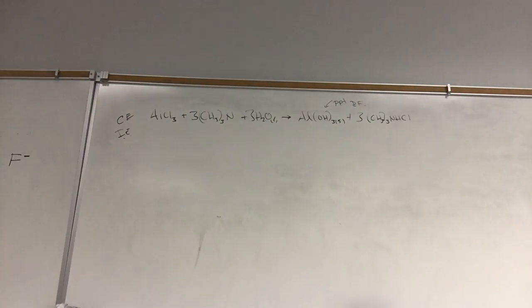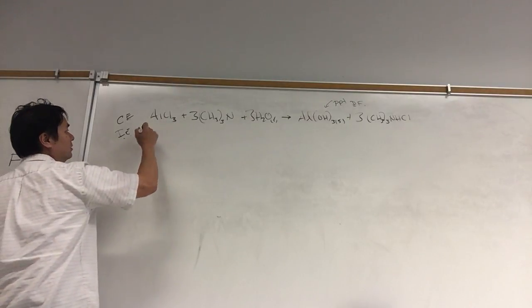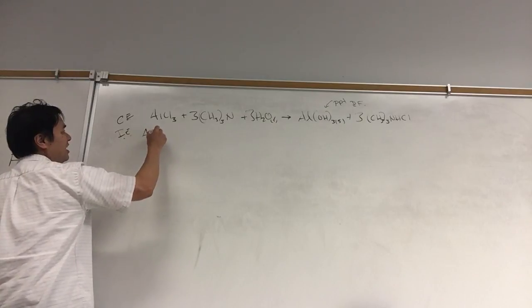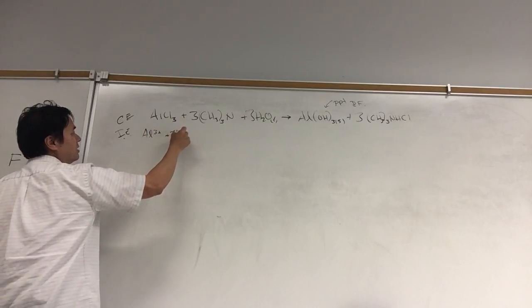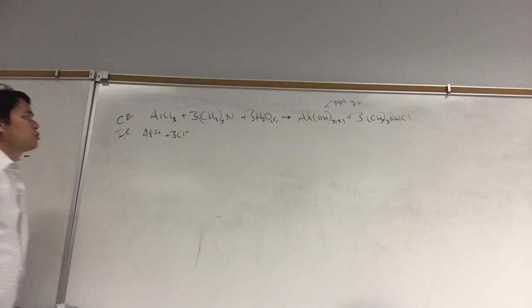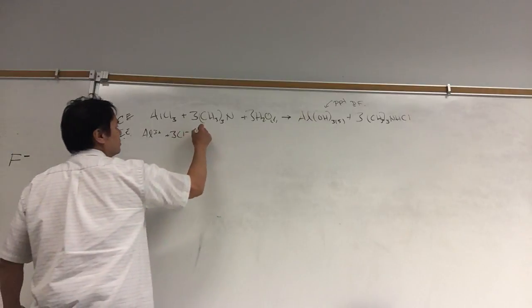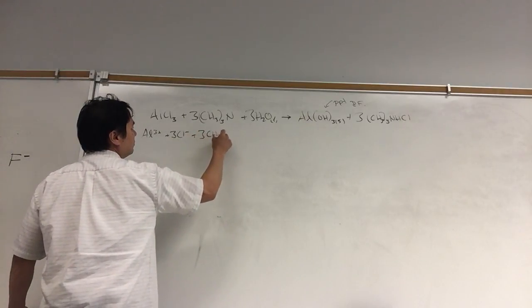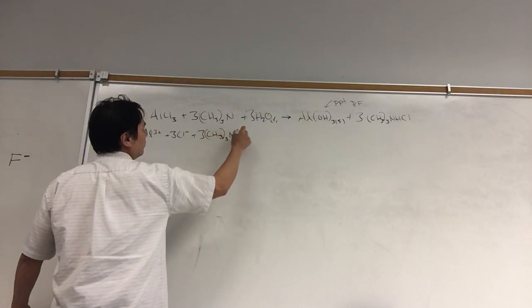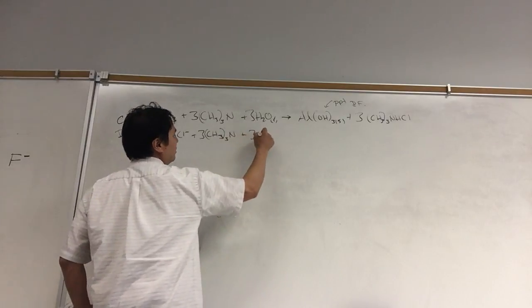Aluminum chloride, is that a strong acid, strong base, or a soluble salt? It's a soluble salt, so we split it up or ionize it. Al3+ plus 3 chlorides. Trimethylamine, strong acid, strong base, soluble salt? No, neither. So we leave that alone. Water, neither of those.